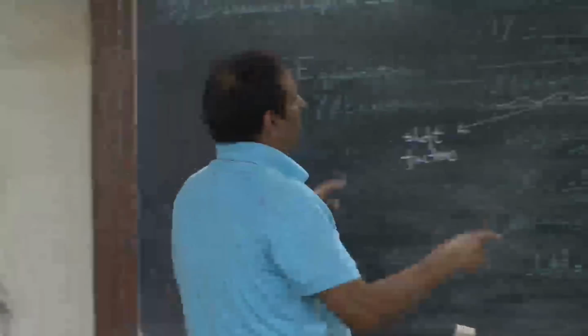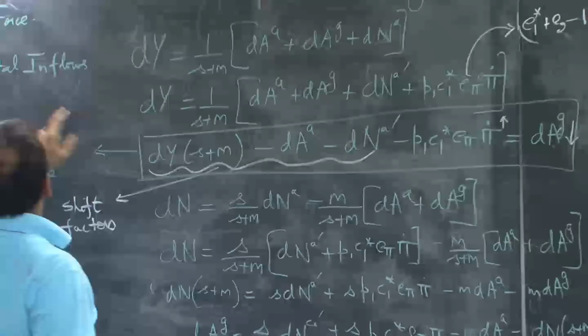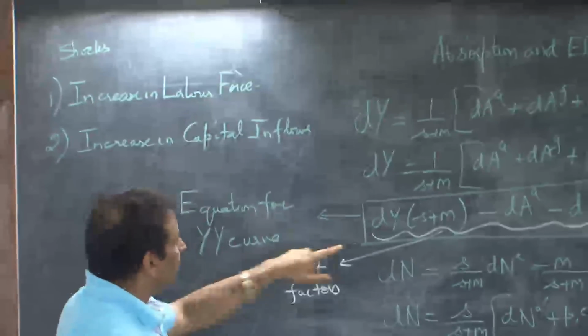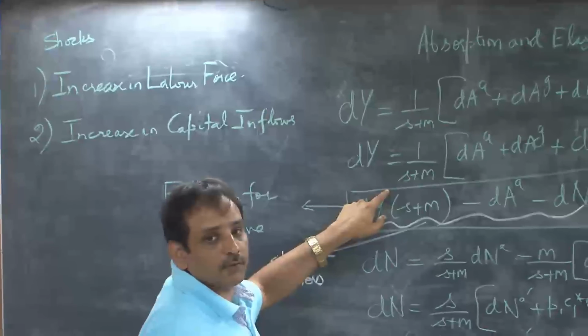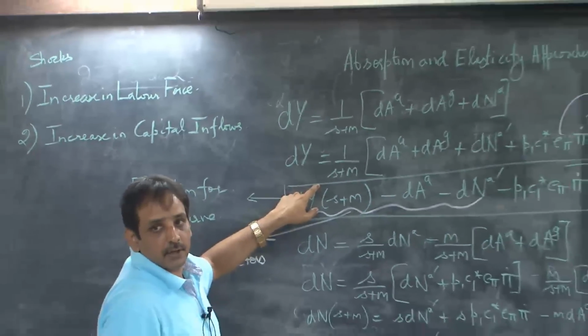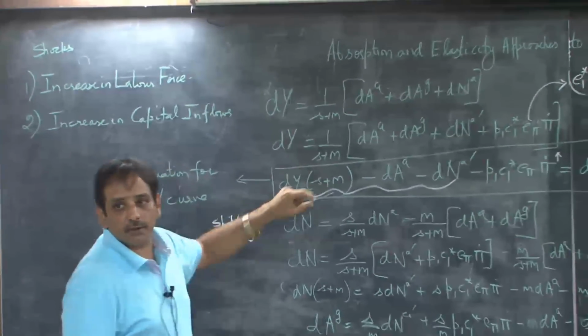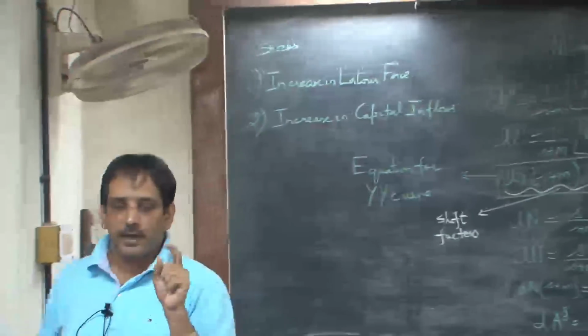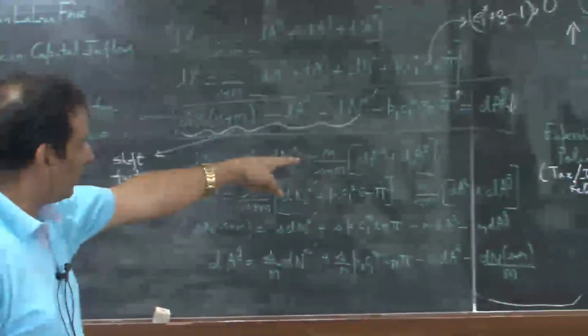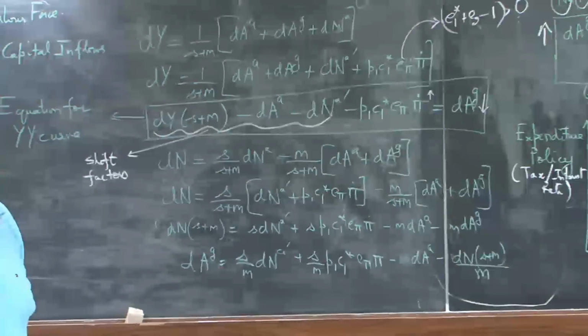Now looking at this equation, this increase in labor force increases the target level of income, which is YT. When I say target level of income, it's that level of income which is required for having the full employment level of output.